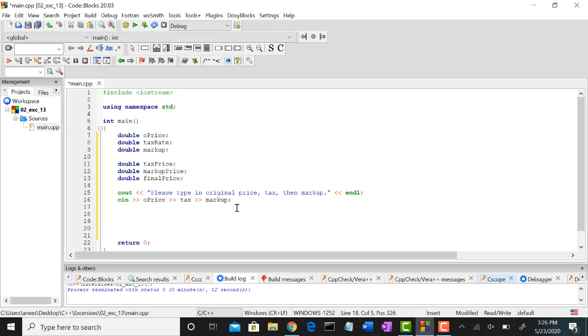Now for the calculations, we're going to start with the markup. We're going to write parentheses because the user is going to write in the markup as a percentage. Inside we will put in markup.